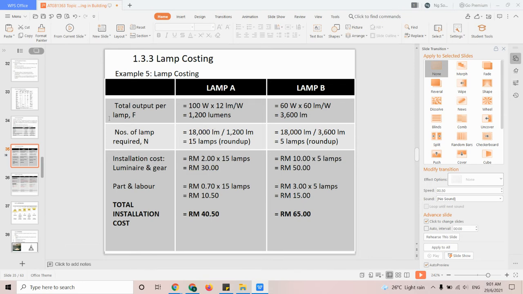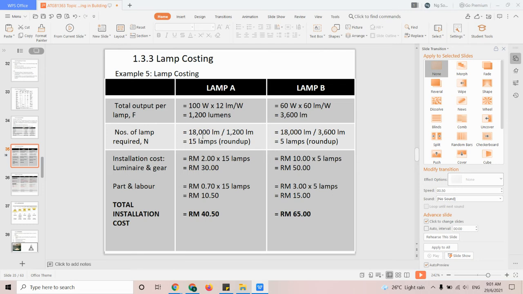So if you get a decimal place, always round it up so that you have sufficient or more than the requirement. Because if you round it down, you will not hit the requirement specified for this space. So remember, when you divide it, you get the number of lamps. If it's in decimal place, just round it up.